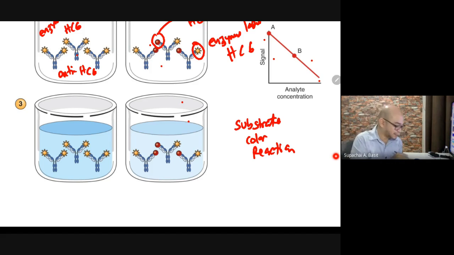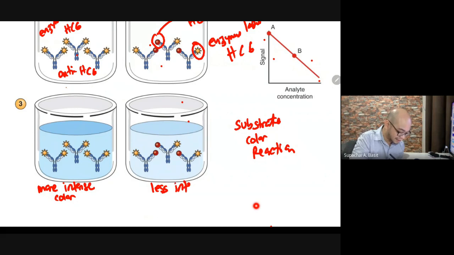So compare patient A from patient B. The color here is more intense, and then the color in B here is less intense. And the reason why it is more intense is because of high signal.